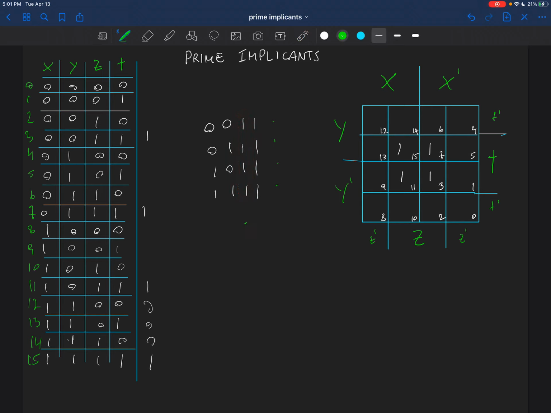Those columns are basically saying z and t, because it's 1, are guaranteed to be true if you can cover all the permutations in the other terms. Let's check if that's true. 0, 0, 0, 1, 1, 0, 1, 1. Okay, that's true. So we can say this term is just zt.